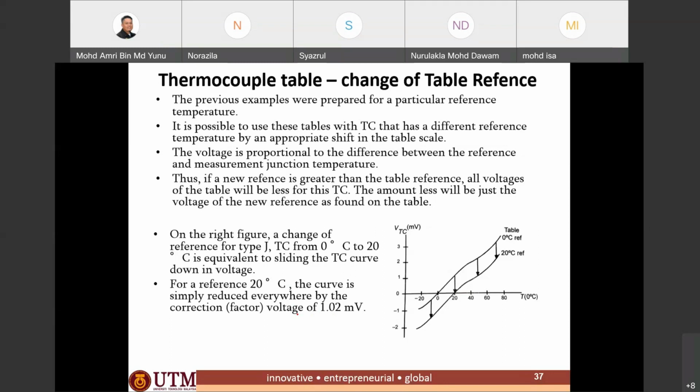So the step is to use the table to find the output value at 0 degrees Celsius, and then find the correction value corresponding to 20 degrees Celsius, and subtract it. Remember when the reference value increases, all the output is shifted down by a correction offset.